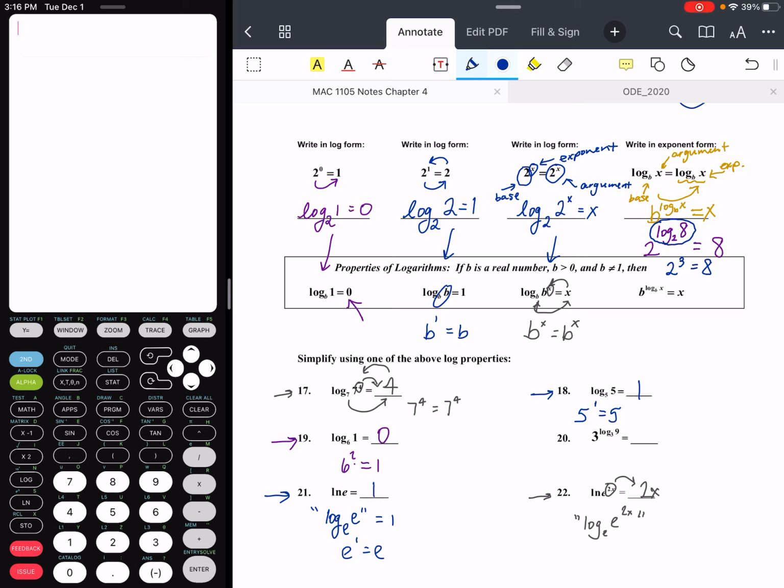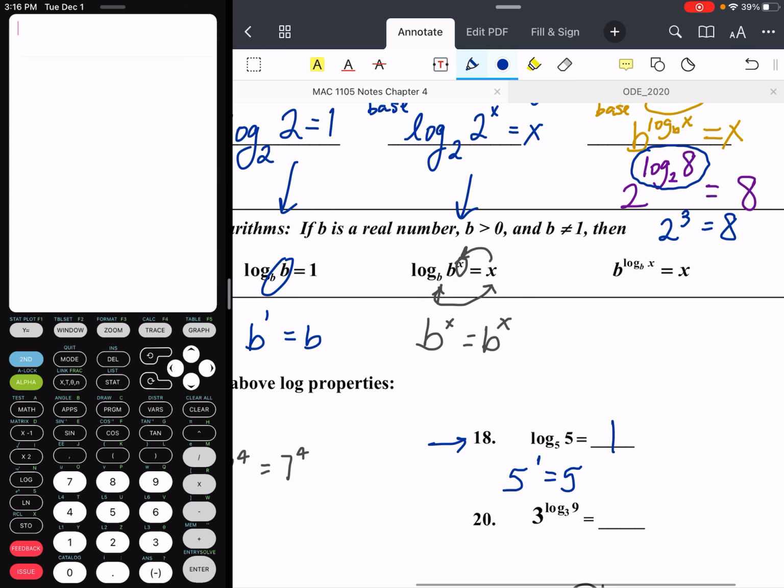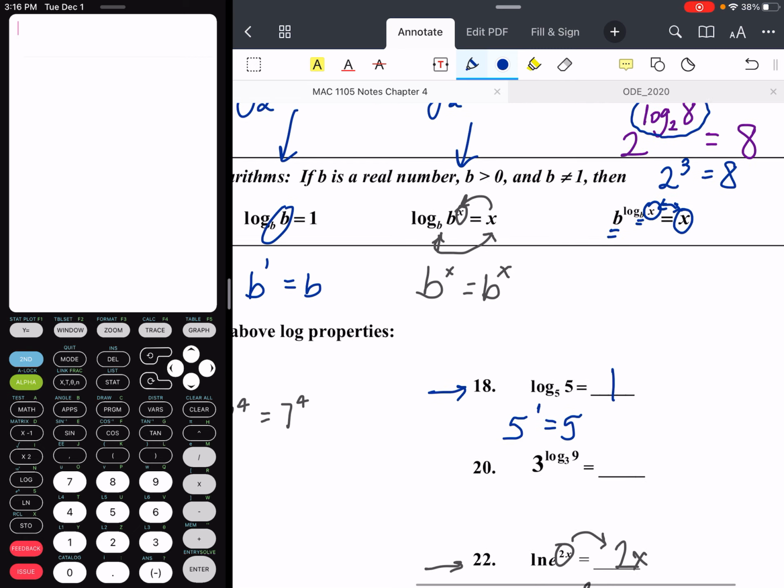So hopefully it's a little easier to see with these numbers, but what I want you guys to focus on is in these equations, if you have a base matching the base of the log up in the exponent, then these arguments will match. The argument of the log will match the result on the right side, I'm going to call it.